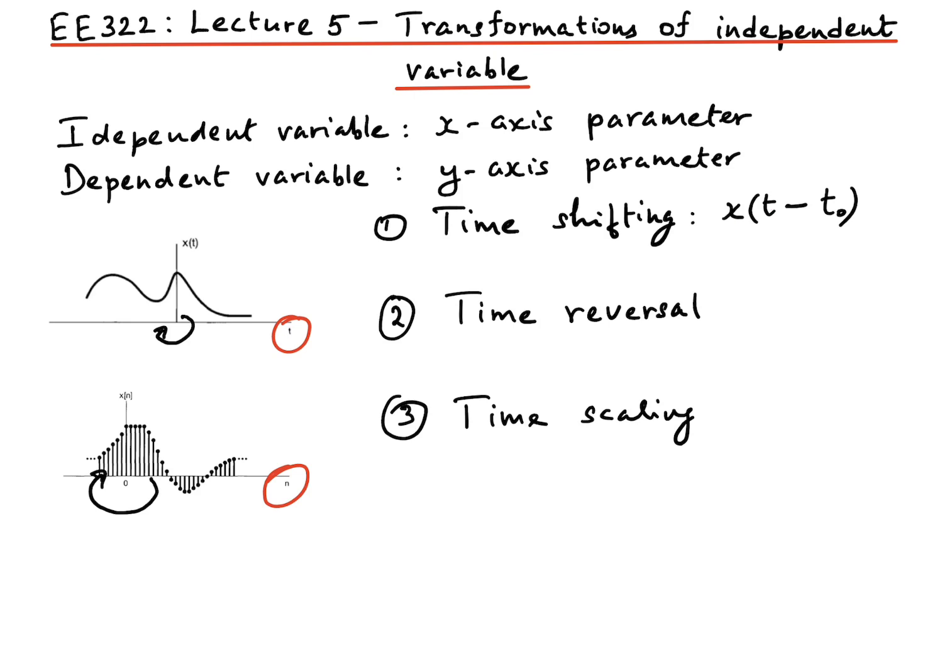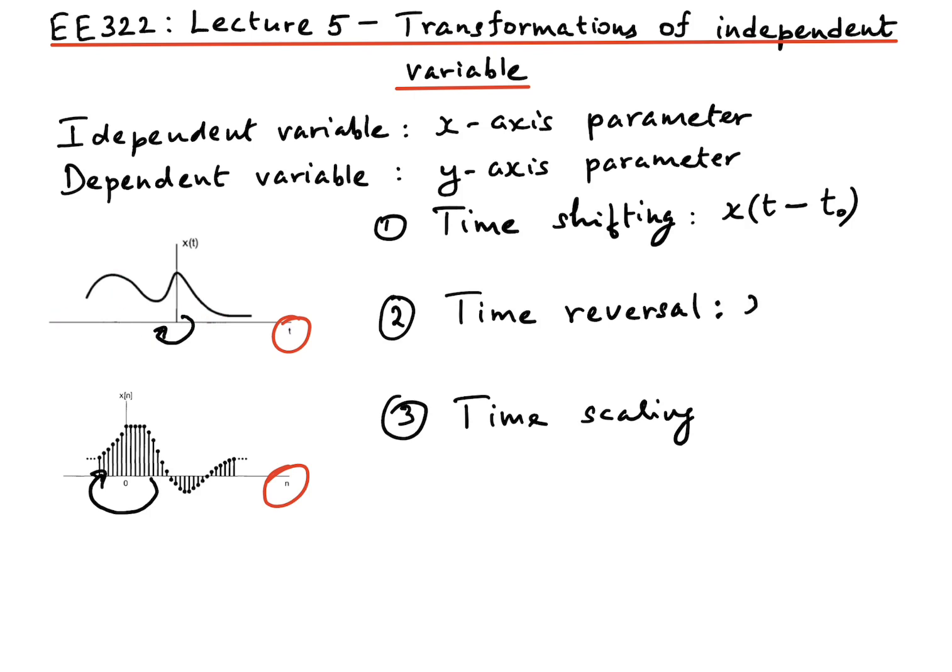That means the waveform is going to be shifted to the right. If this t naught is a negative number, then it will become x of t minus that t naught, so minus of minus will become plus, so x of t plus t naught. So when t naught is negative, this whole argument will become t plus t naught, in which case it is equivalent to shifting this waveform to the left.